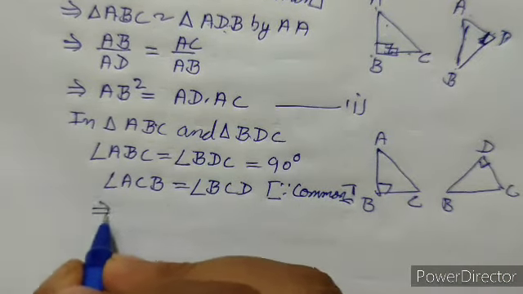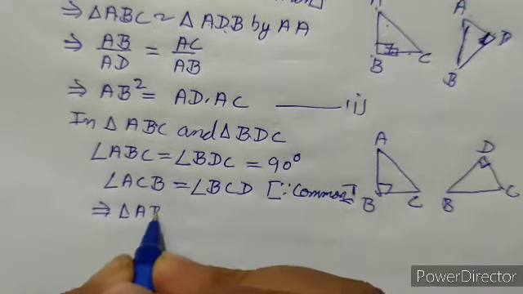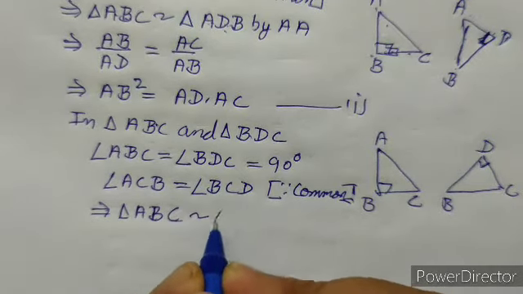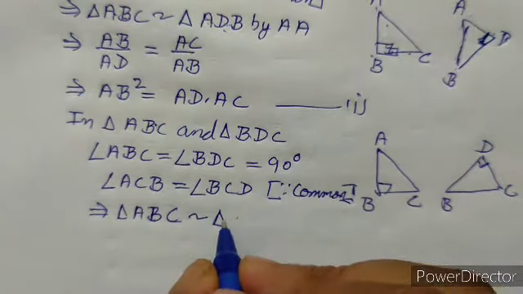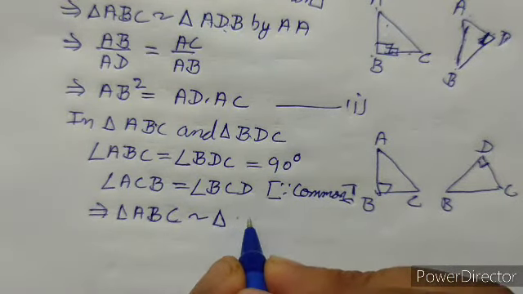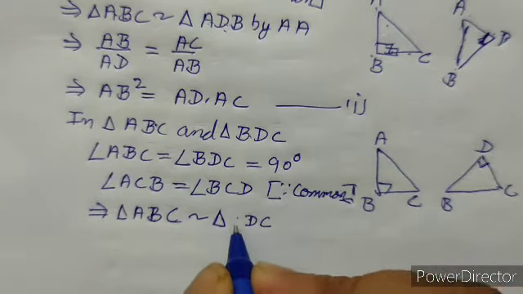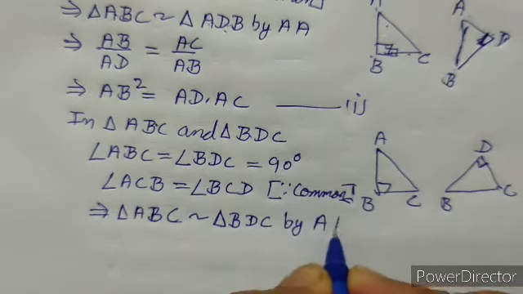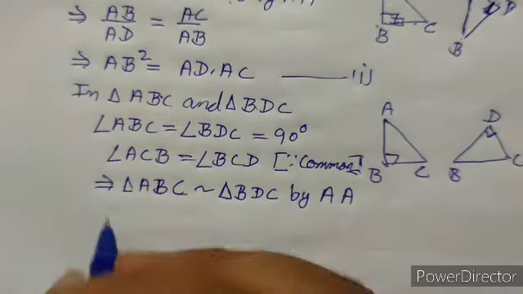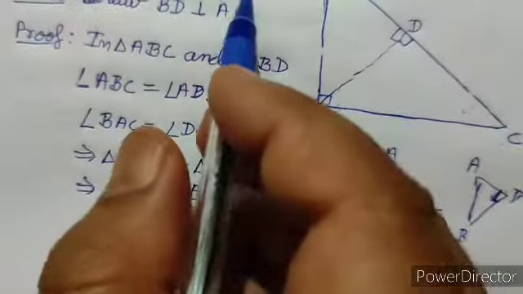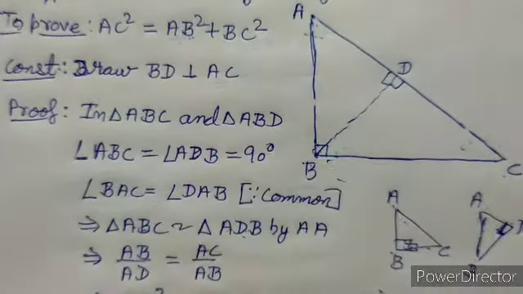Now that means triangle ABC will be similar to the triangle BDC by angle criteria of similarity, and that means again we have to find the value of BC square.